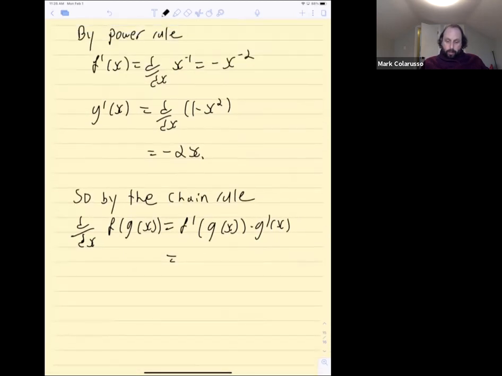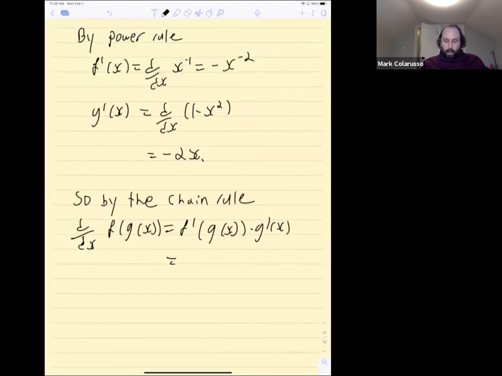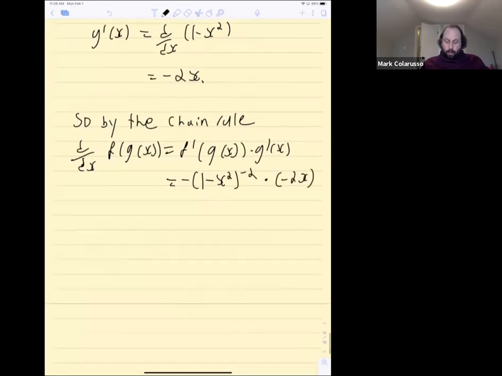So the derivative of f is minus x to the minus 2 evaluated at g, so it's minus, and g is 1 minus x squared, so it's minus 1 minus x squared to the minus 2 times the derivative of g, which is minus 2x. So we can clean this up a bit. You have a negative here and a negative here. They will cancel. So this is 2x over 1 minus x squared, squared.